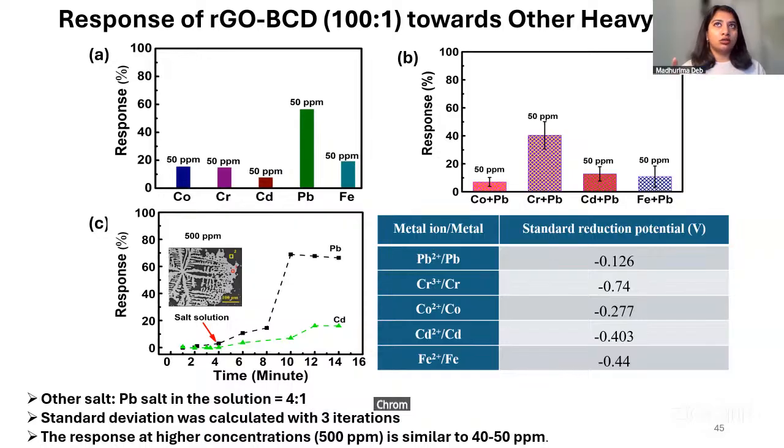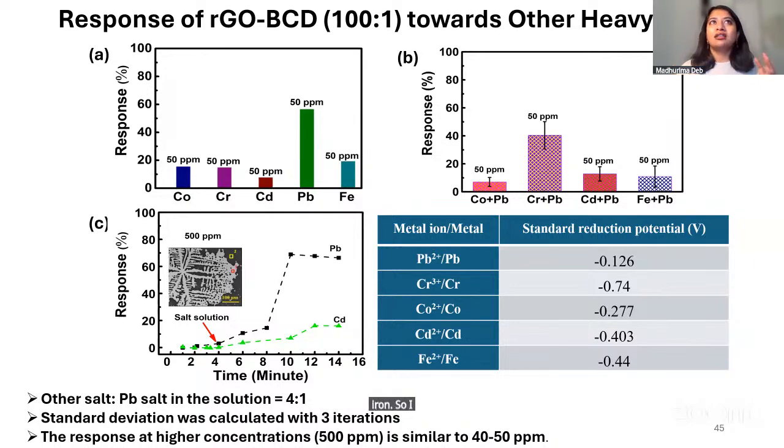Chromium showed a very high response when lead is present at only 10 ppm, let's say, and 40 ppm is chromium. So it showed a very high response, which is not desirable. But for all the other heavy metals, it did not show a lot of interference, which is one good part with cobalt, cadmium, and iron.